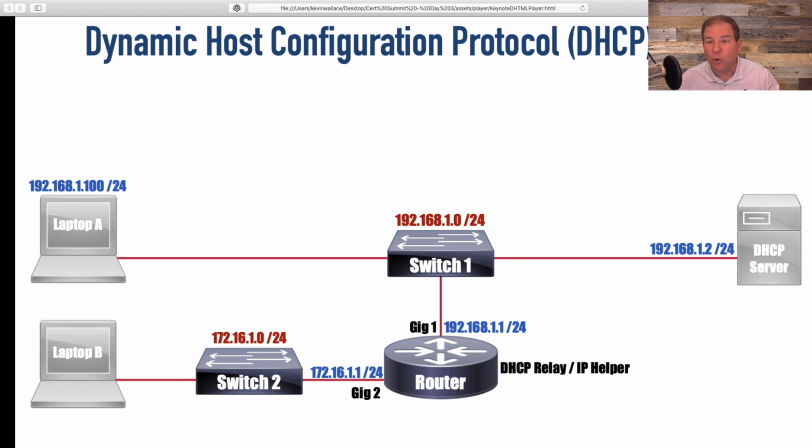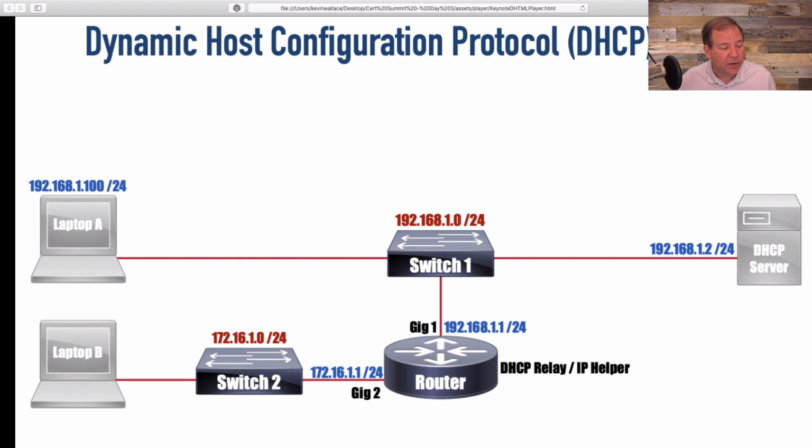We can say, go to 192.168.1.2. Or we could just say, go to this network. We can give a directed broadcast address to go to everybody throughout another subnet, and maybe we have 1 or 2 DHCP servers on that subnet. But here, I'm just going to set it up in our example where we point to the IP address of the server.